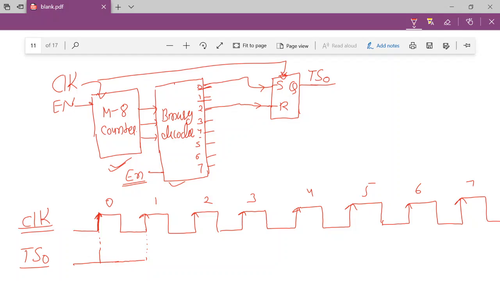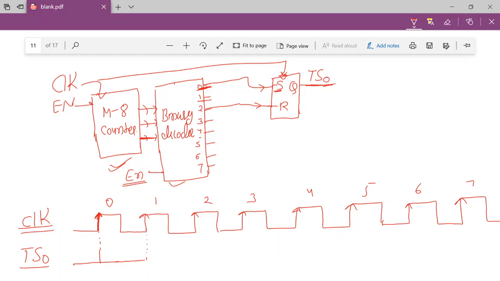When the first positive edge trigger occurs, the modulo 8 counter will take one clock cycle, the first positive edge trigger event, to produce 0 at the output. So when we produce 0 here, now the 0th output will be 1, right? When we apply 1 at the input S, the Q will become 1 in the next positive edge triggering event, right?